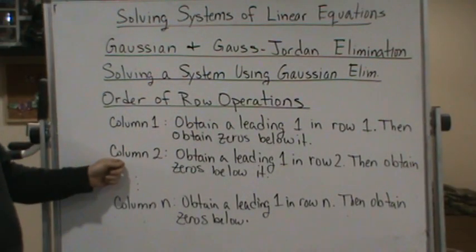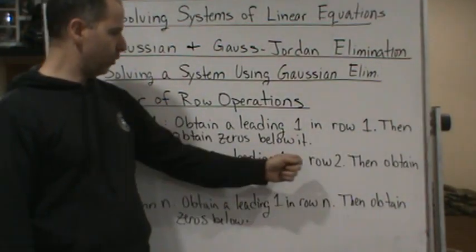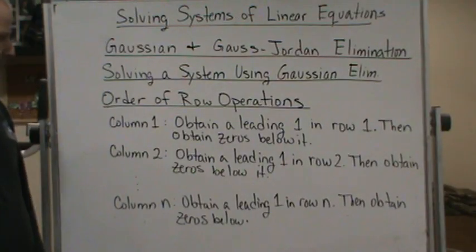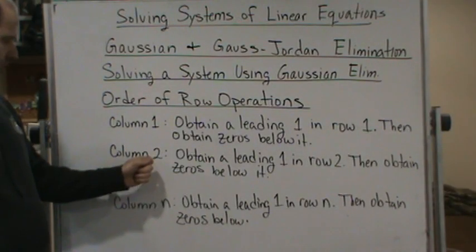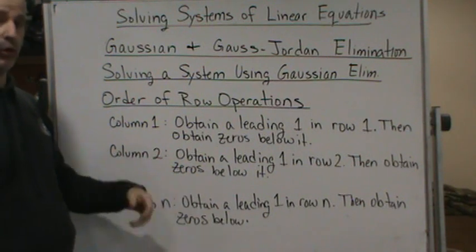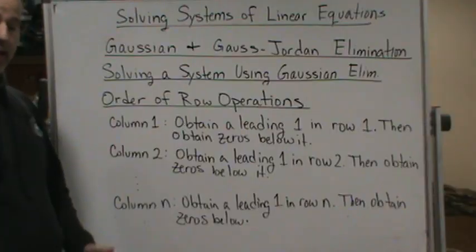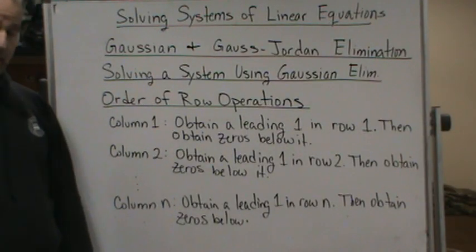Then you move to column 2 and you obtain a leading 1 in row 2 of column 2. And then you use the elementary row operations to obtain zeros in all of the entries that are below it, in the same column.